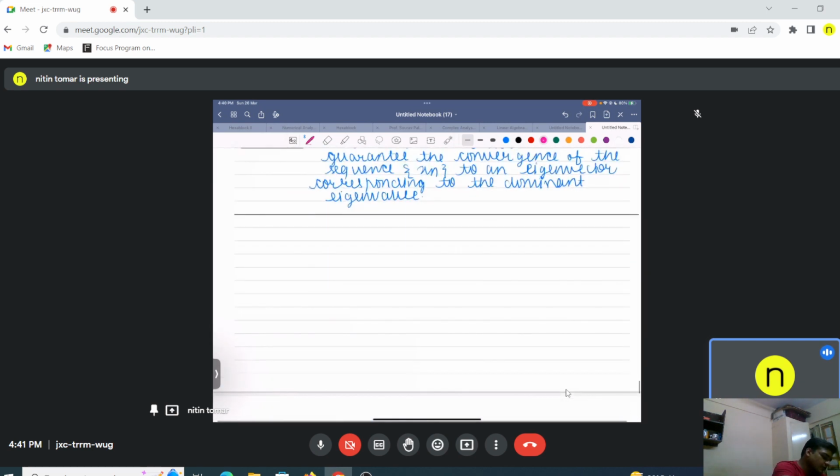So this is called second convergence theorem for the power method.